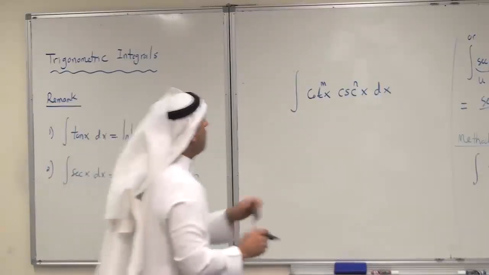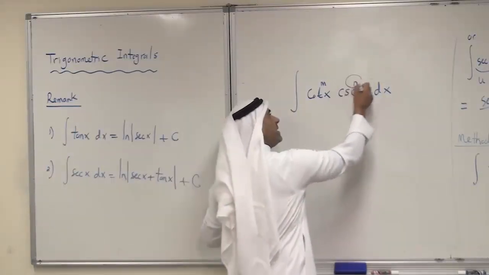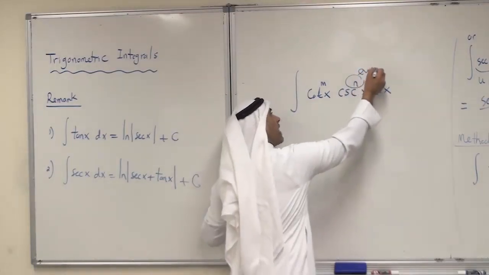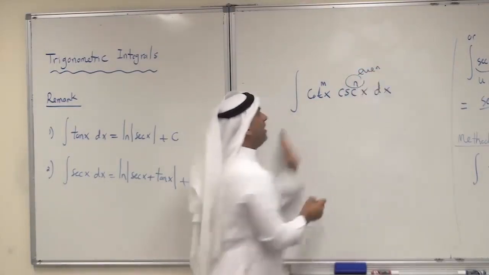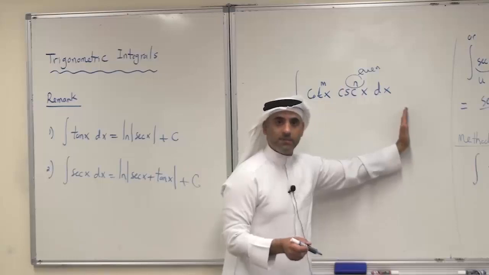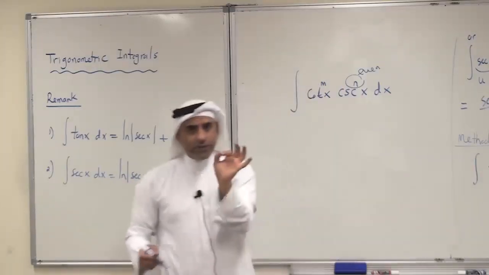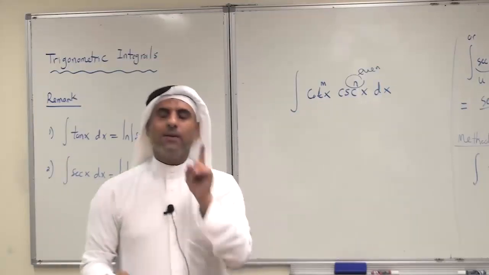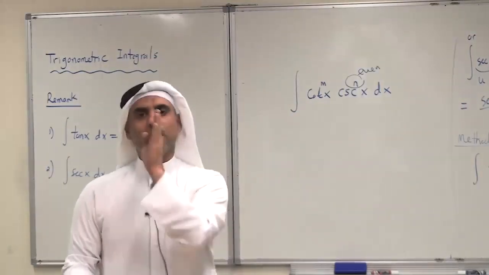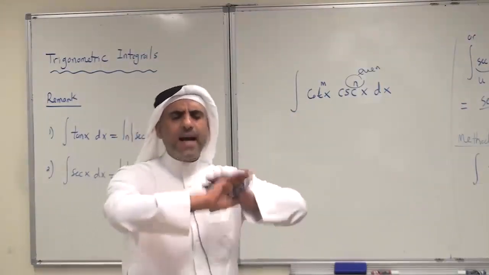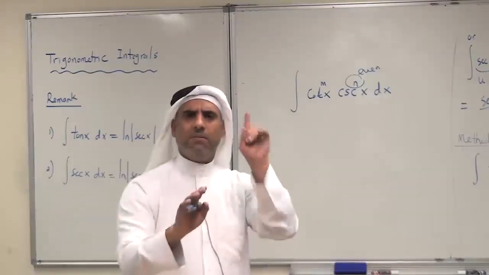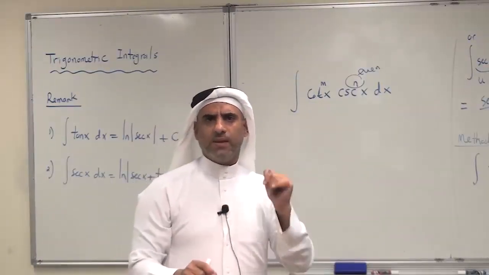Meaning, if the power of cosecant is even, what you need to save is cosecant squared. If the power of cotangent is odd, what do you need to do? You separate one cotangent, one cosecant, and the argument will be exactly the same as what we have done for the previous case.